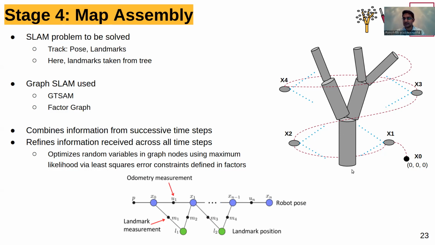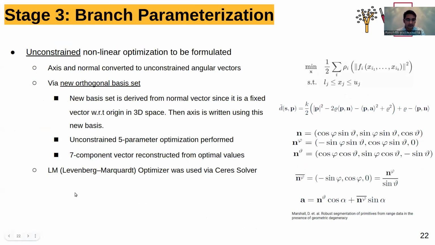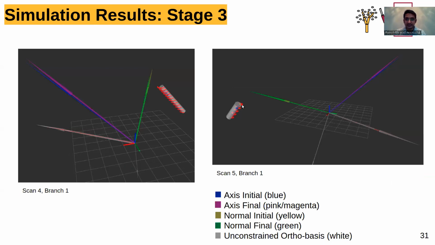And then going to the second question, it is possible to use only one planar view of trees, as is the requirement for agriculture. It's not necessary to go in spirals, because when we look at the branch parameterization algorithm, let me bring up a different slide. Here we see that the red points are the Lidar that the drone sees, and they represent only a portion of the cylinder which is visible from the Lidar.